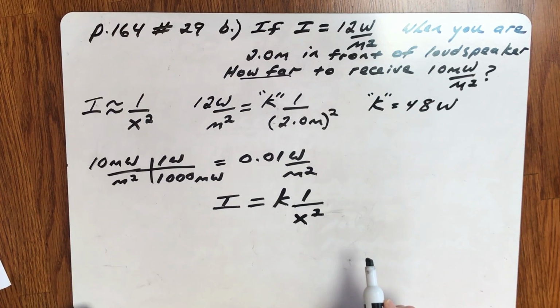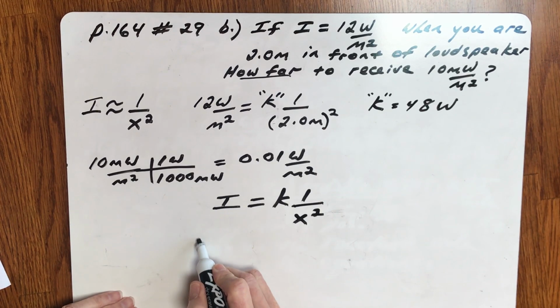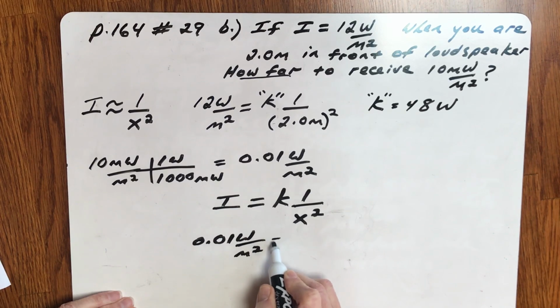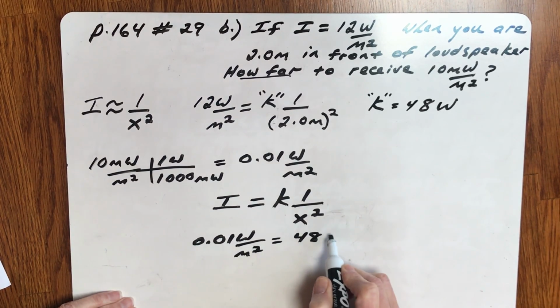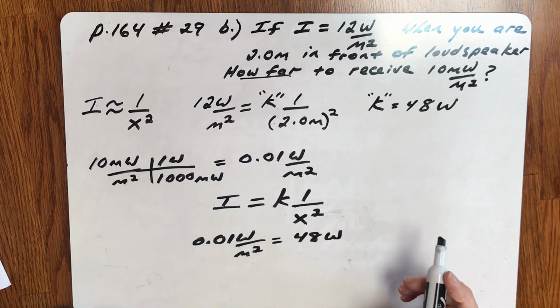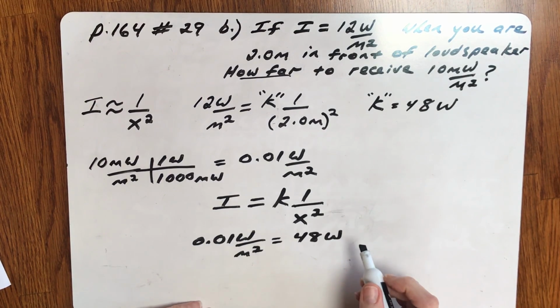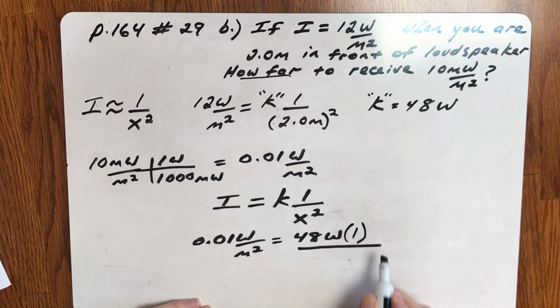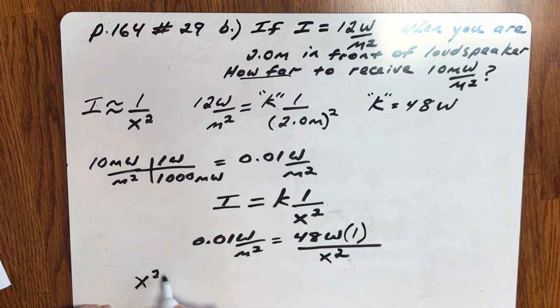So if I now just take my value of 0.01 watt per meter squared, set that equal to 48 watts, which is what I calculated my K value to be for this example, it's the proportionality constant for this example, over x squared.